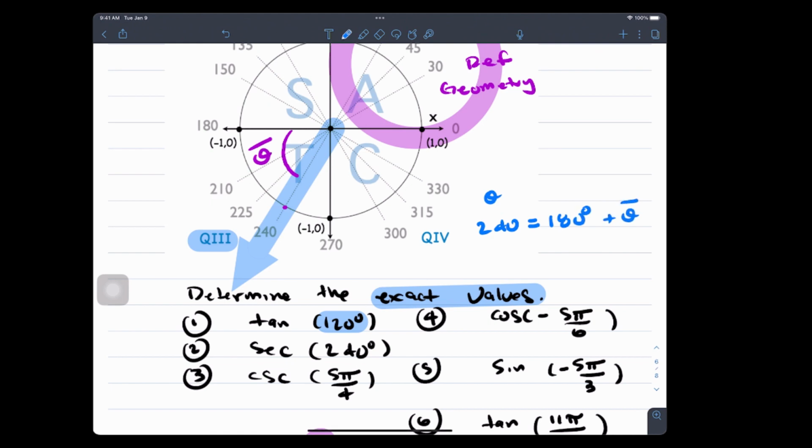Is that true? So how do I get the reference angle? Isn't it theta minus 180, if I do some algebra?